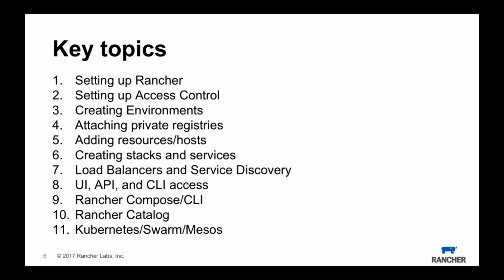We'll add some hosts, start creating our services and stacks, and then do some load balancing. I can show you how Service Discovery works. Everything I start doing will really be in the UI, and then I'll cover how that works with the API and give you a little bit of what the API looks like, and then we'll talk about the CLI and how that works with Rancher.